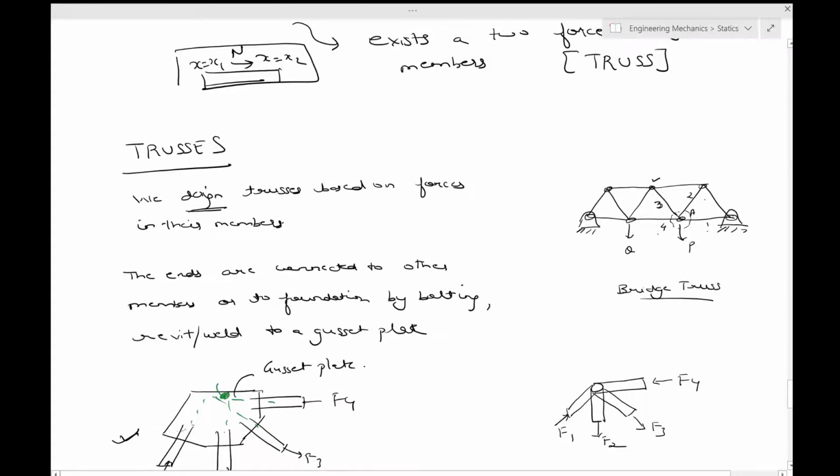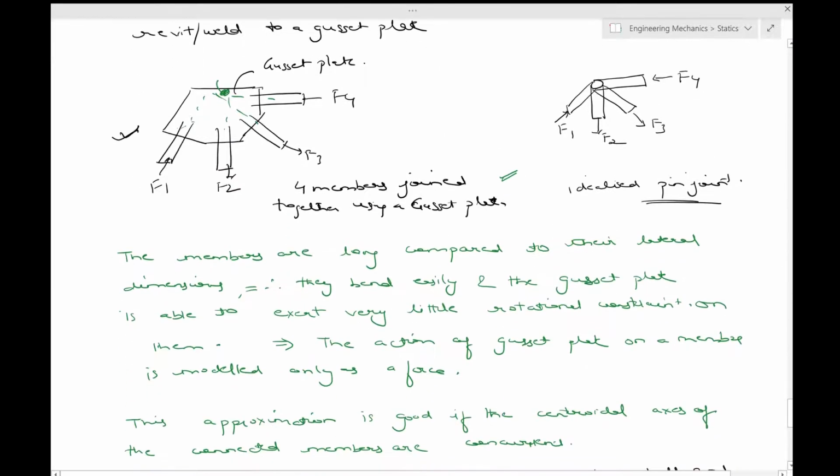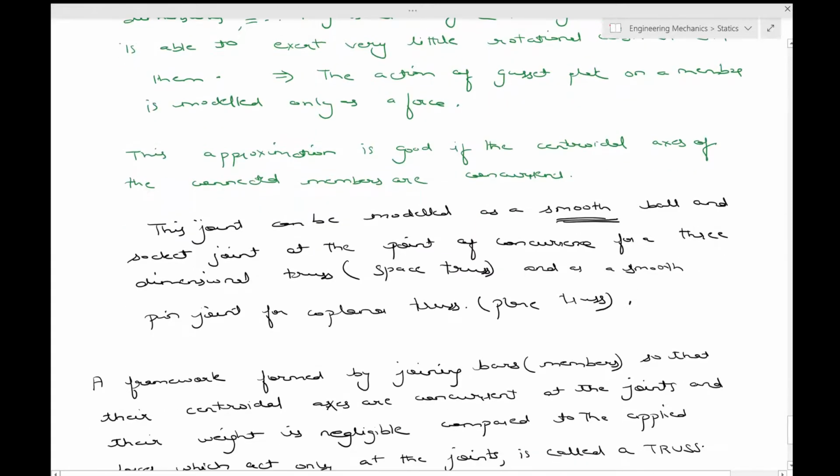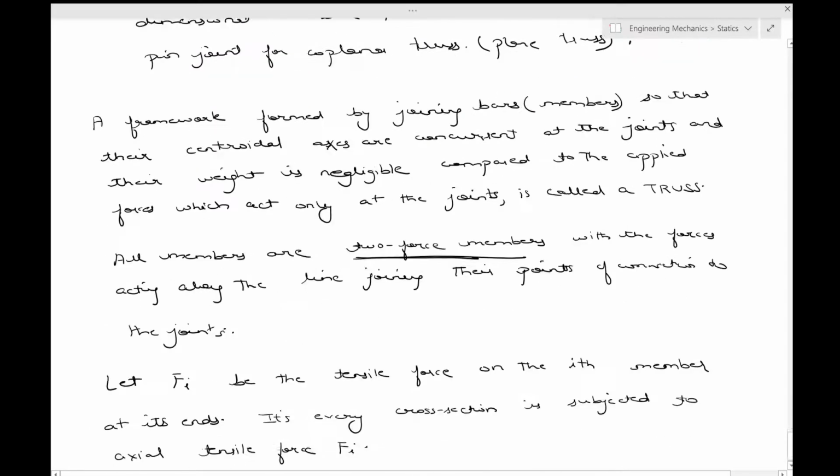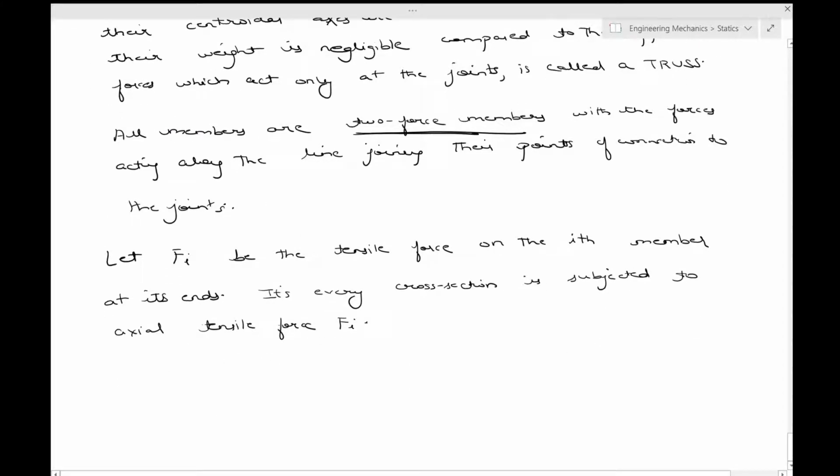So let me draw that over here. This is the joint A. There was a force P, F1, F2, F3, F4.